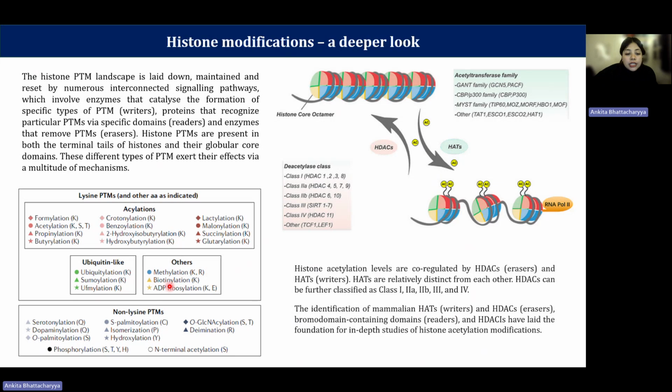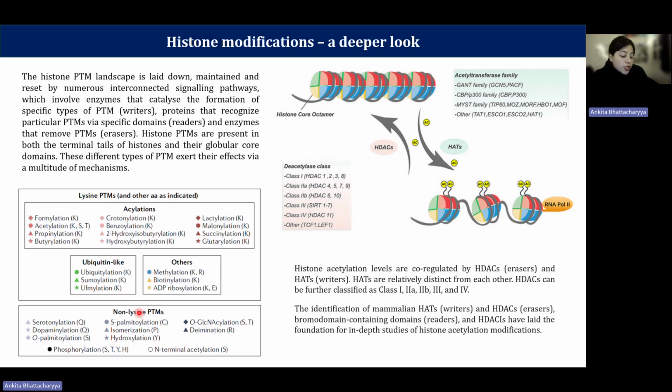Others include methylation, biotinylation, ADP ribosylation, etc. Non-lysine PTMs include serotonylation, dopaminylation, O-palmitoylation, S-palmitoylation, isomerization, hydroxylation, GlcNAc group addition. Then you have deamination.